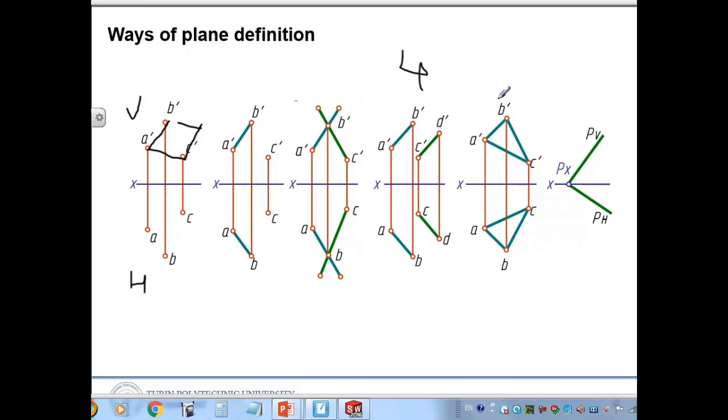The last one is like our previous example, by giving traces, which are the result of the intersection of the projection planes and a given P plane. By the traces, any plane can be defined.